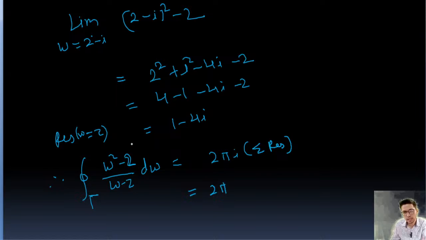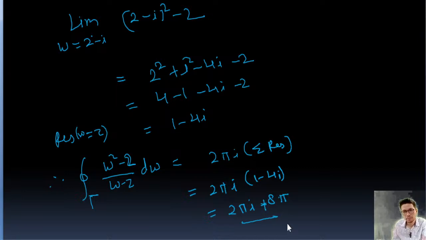So this is 2 pi I, and the residue at w equal to z is this one, 2 pi I into 1 minus 4I. So this value is going to be 2 pi I minus 8 pi I square. This is 4I, right? That's why minus 8 pi. This is going to be plus 8 pi. How? Iota will get multiplied, and that is going to be iota square. Iota square value is minus 1, so plus 8 pi. So this is the answer, guys.